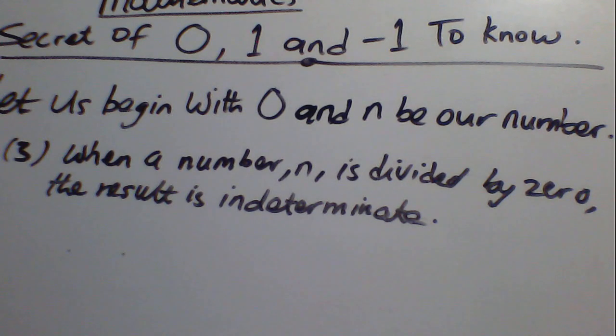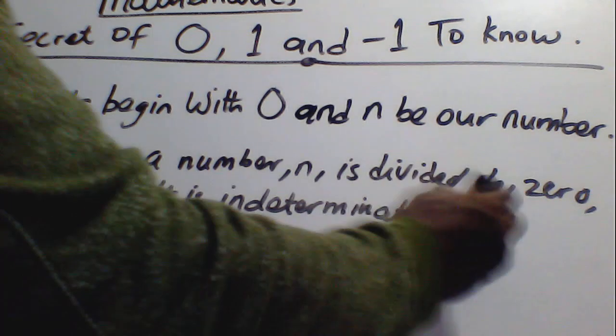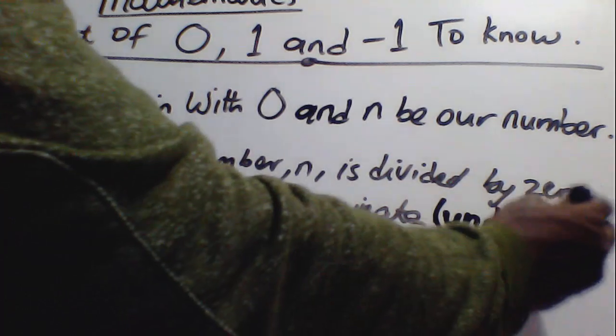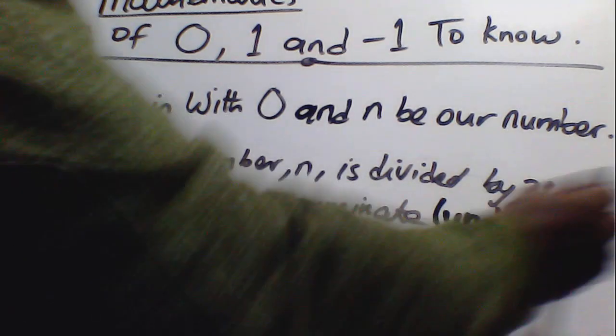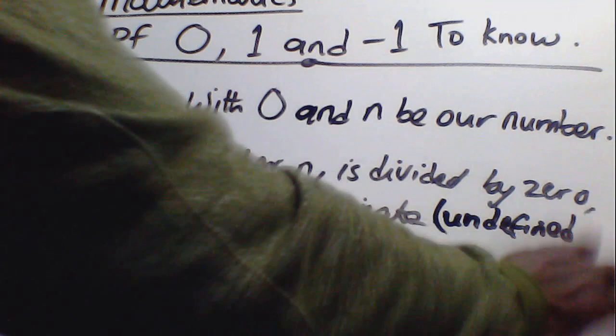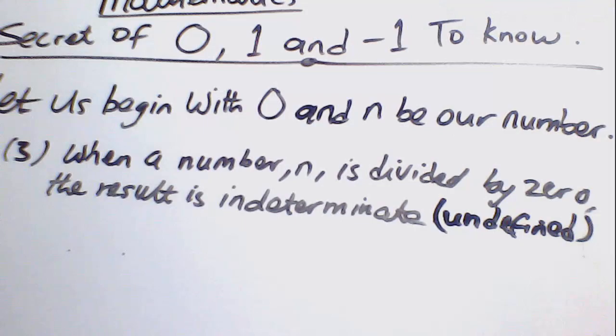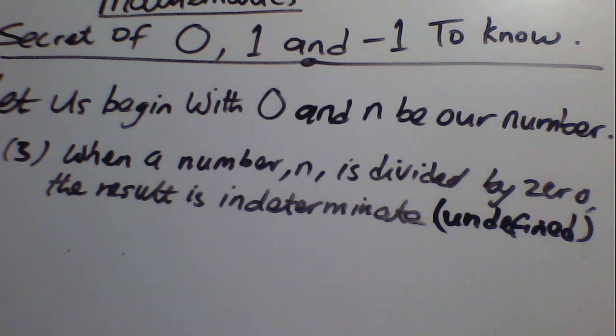So when a number n is divided by 0, the result is what? Indeterminate. Another word to say indeterminate is undefined. So this is another word you can use to say that the result is indeterminate.